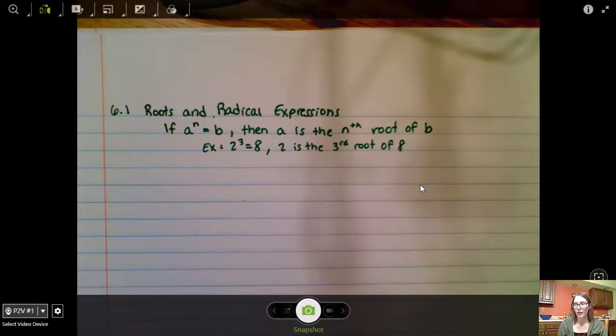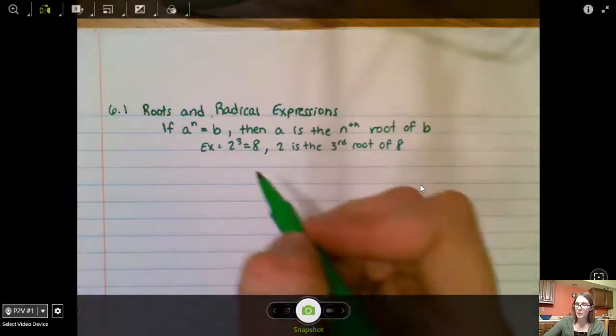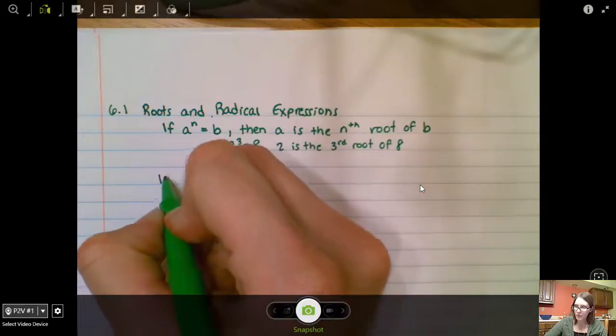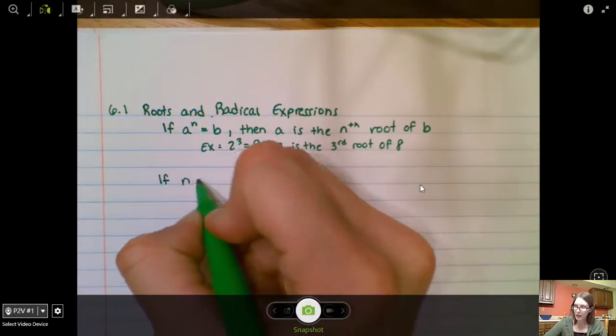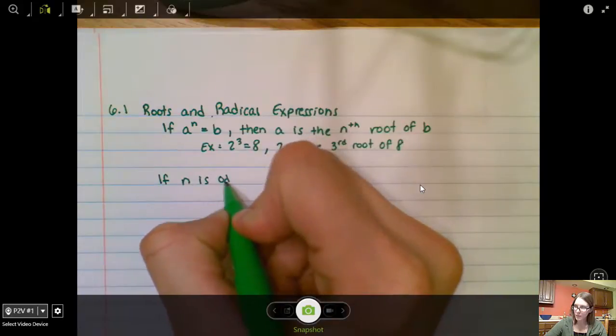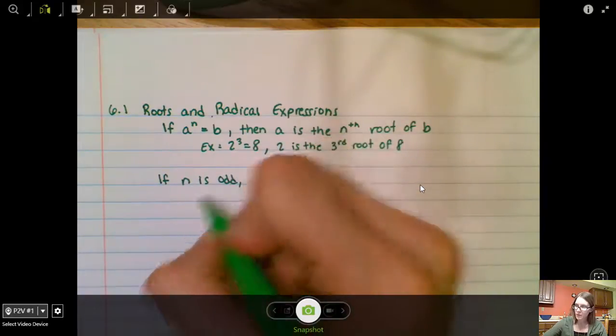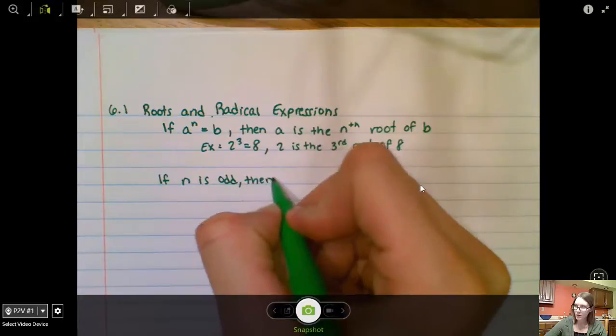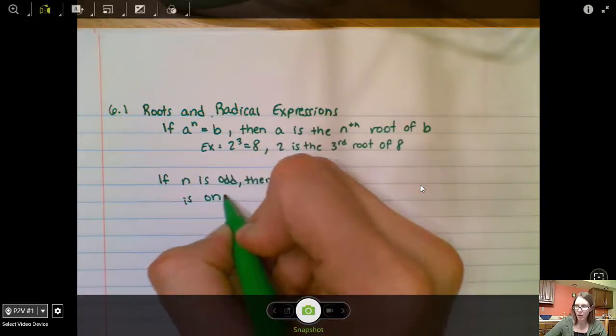We have our definition here. A couple of things to remember here. If n is odd, there is one root, only one root.